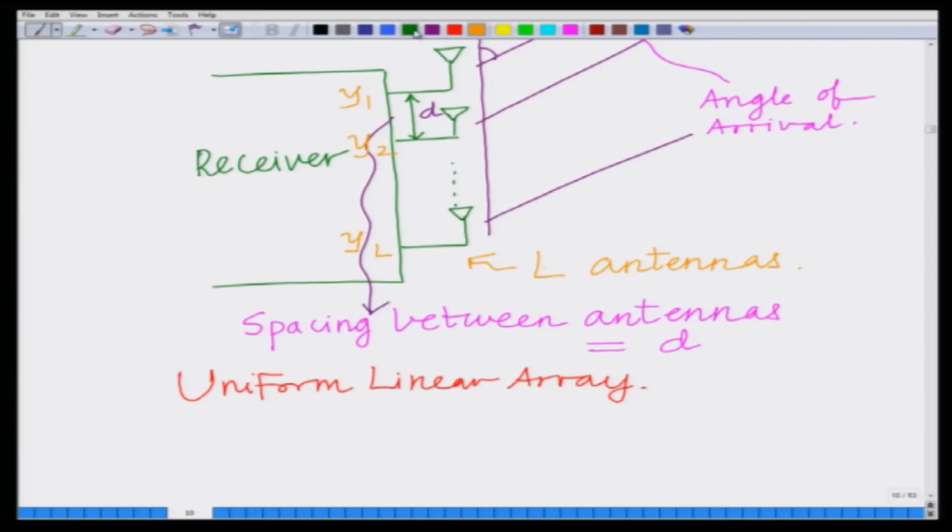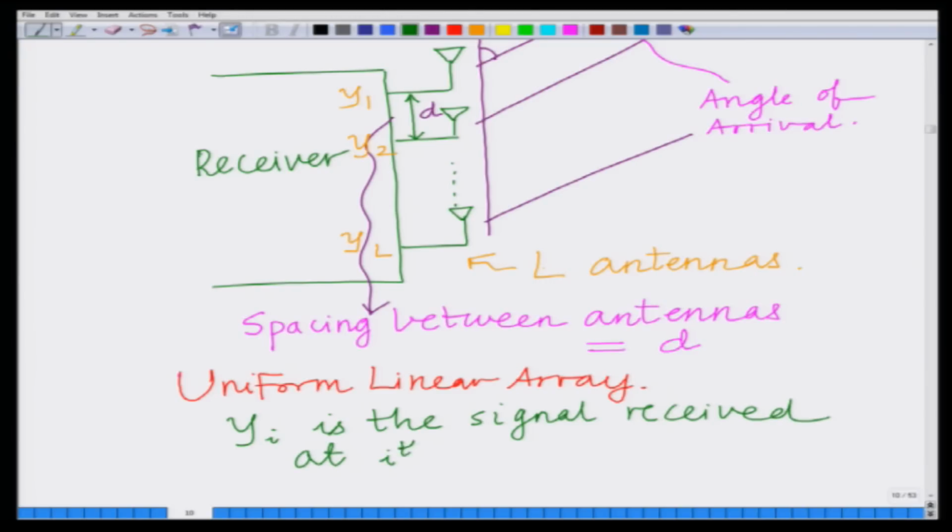So, yi is the signal received at the ith antenna, the spacing between the antennas is d, and theta is the angle of arrival.